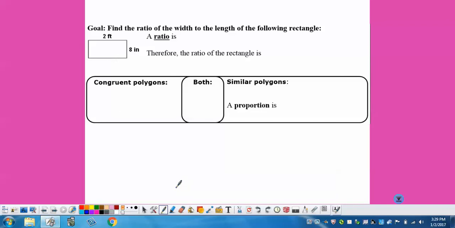So, if our goal is to find the ratio of the width to the length of the following rectangle, the first thing we would need to know is what a ratio is. A ratio is an expression relating two quantities.